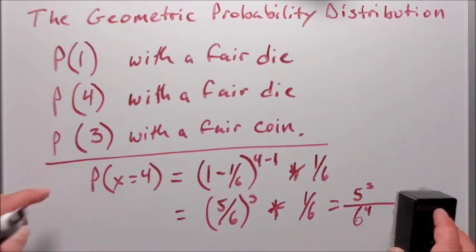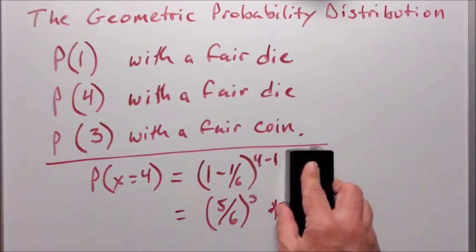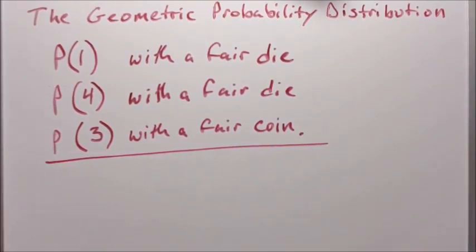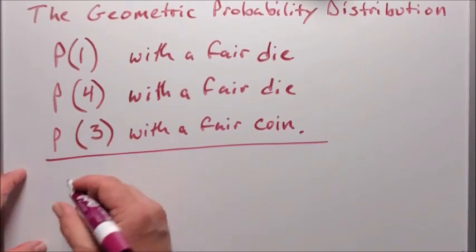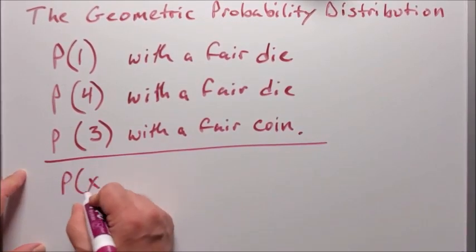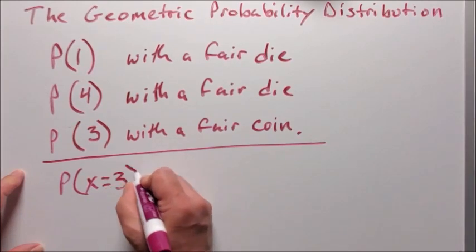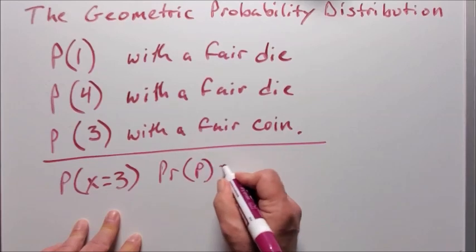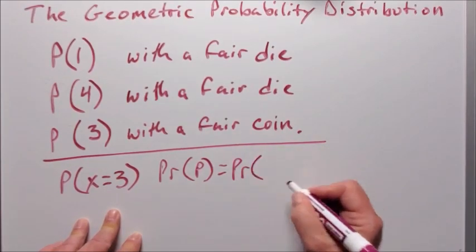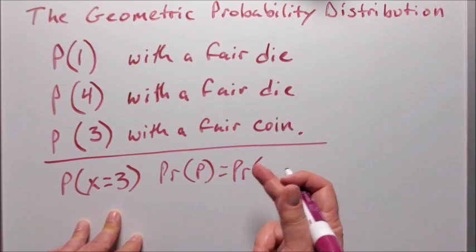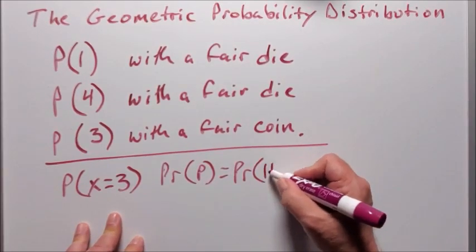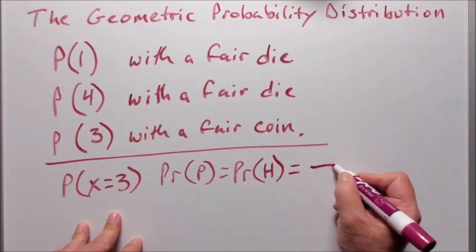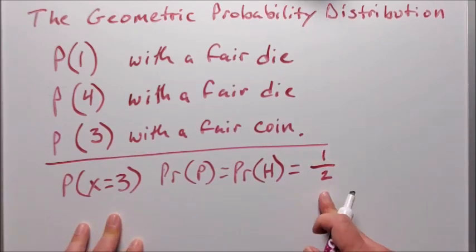Last one, the probability of 3 with a fair coin. This one, maybe I'll come up with an answer. We'll see. The probability that x should equal 3 with a fair coin. So the probability p is the probability of whatever we consider to be a success with that coin. I always seem to settle on heads, so let's go with that. It's a fair coin, so that's going to mean one outcome out of 2 possibles.